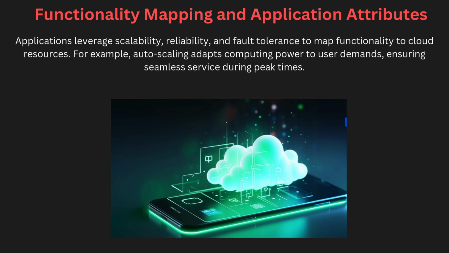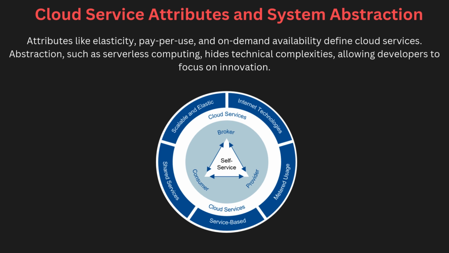So now cloud services, attributes and system abstraction. Cloud service attributes define the essential characteristics of services such as on-demand availability, elasticity, and pay-per-use pricing. System abstraction, meanwhile, simplifies complex operations by hiding the underlying technical details from the user.